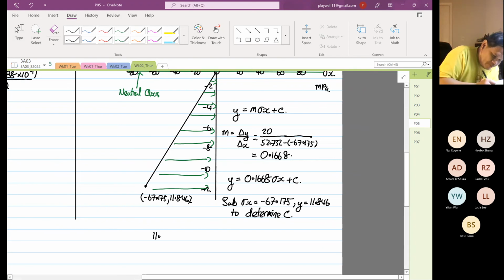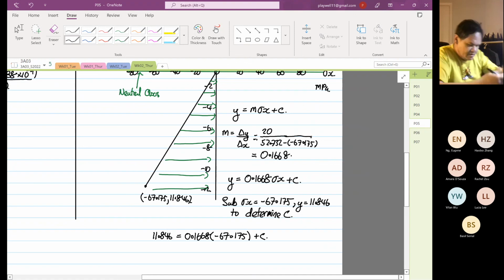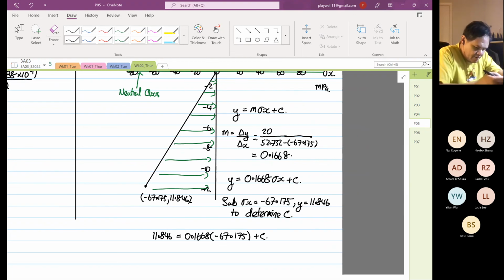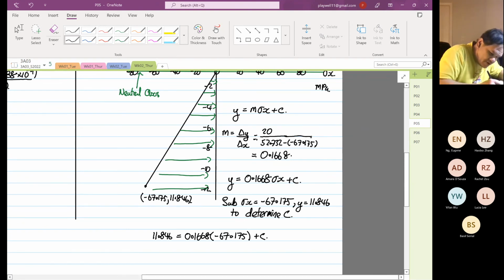So you have 11.846 is equal to 0.1668 multiplied by minus 67.175, and then you have plus C. Right, the gradient is positive. So sorry, this is minus 11.846.